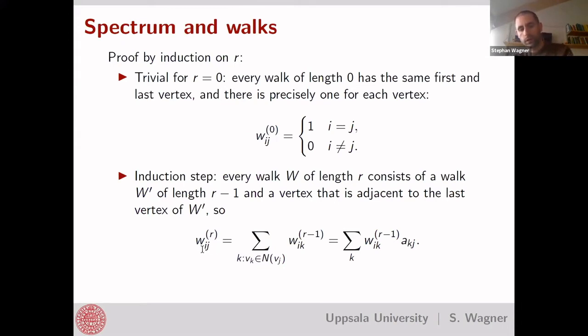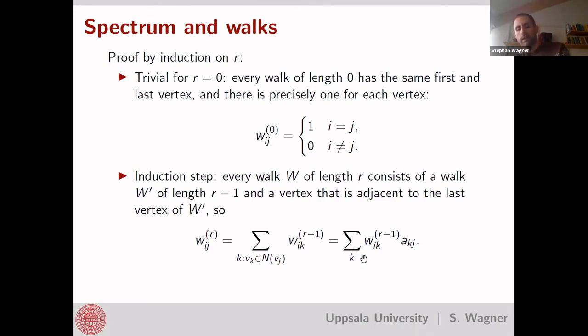The number of walks from vertex i to vertex j of length r can be obtained by summing over all possible vertices vk that can be second to last. It must be a neighbor of vj, of course, because I have to be able to make the final step. The sum over that of the number of walks from vertex i to vertex k of length r minus 1.